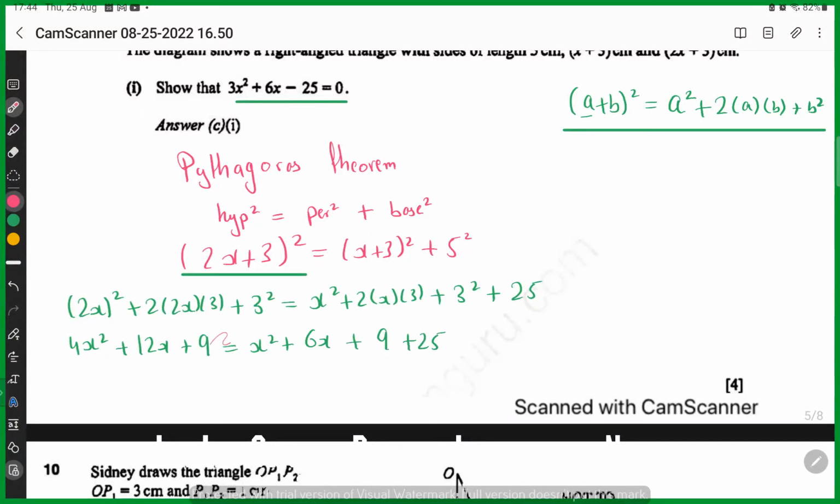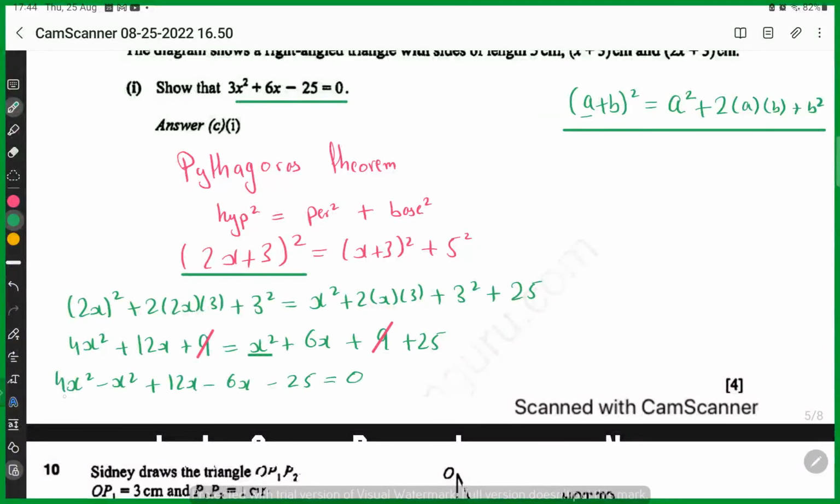I'll cancel this 9 with this 9 because I have two 9s on both sides. And I'll take everything on this side. 4x squared minus x squared, then 12x minus 6x, and this 25 would come on this side and become minus 25 equals 0.